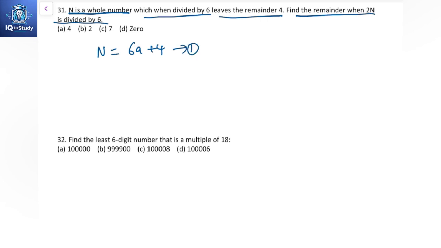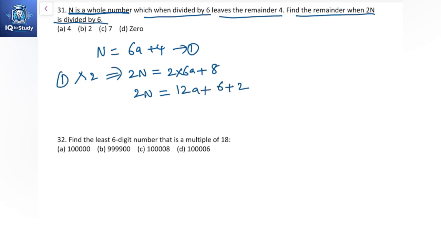Multiply n by 2, so 2n is equal to 2 into 6a plus 8. 2n is equal to 12a plus 6 plus 2. 2n is equal to 6 into 2a plus 1, plus 2. Hence, the remainder is 2. Option B.